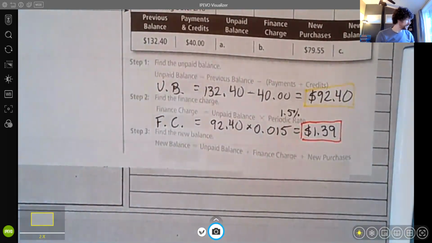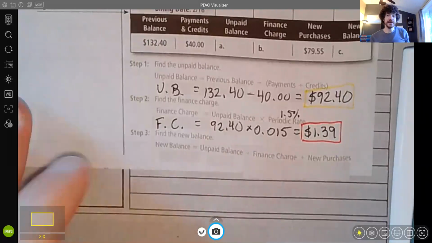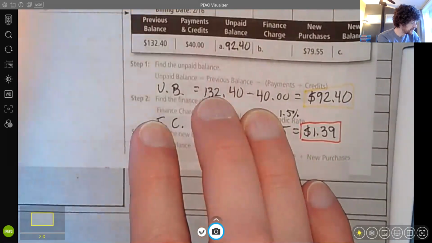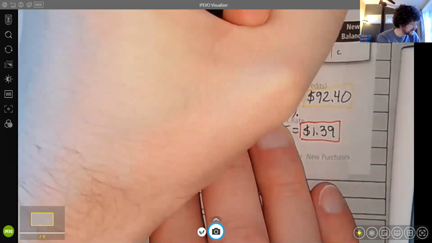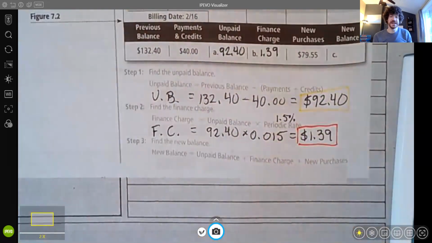All right, so we've done our first two steps. Now we have to calculate the new balance. So A, right here, unpaid balance, we said was 92.40. Finance charge was $1.39. There were new purchases of $79.55.